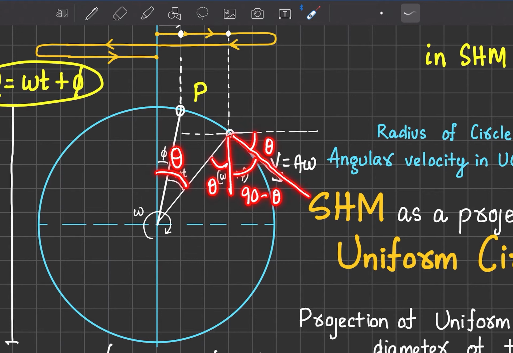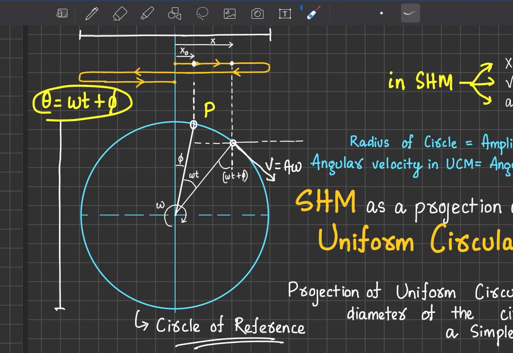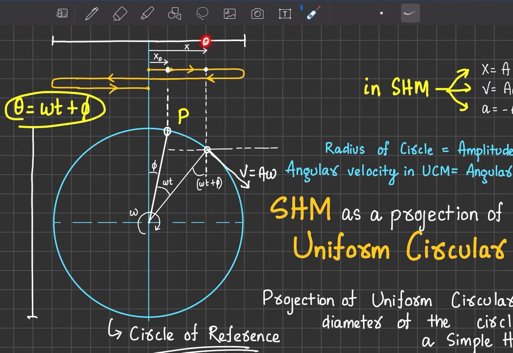So if we have this velocity v equals a omega, then the horizontal component we get as a omega cos theta, but again our theta value equals omega t plus phi. So again we can see the velocity equals a omega cos(omega t plus phi), which is again in accordance with the expression for velocity in SHM.